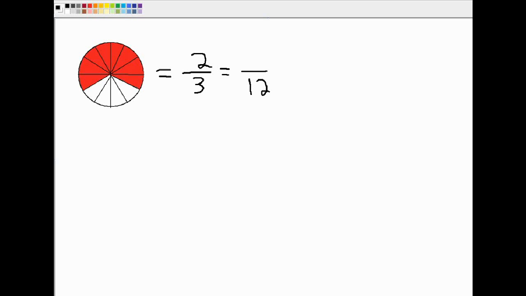And the pieces that are shaded now are 8. Well, as we saw just with the last example, the actual amount of pizza isn't any different, right? So mathematically, we can say that 2 over 3 is the same as 8 over 12, and 8 over 12 is the same as 2 over 3.